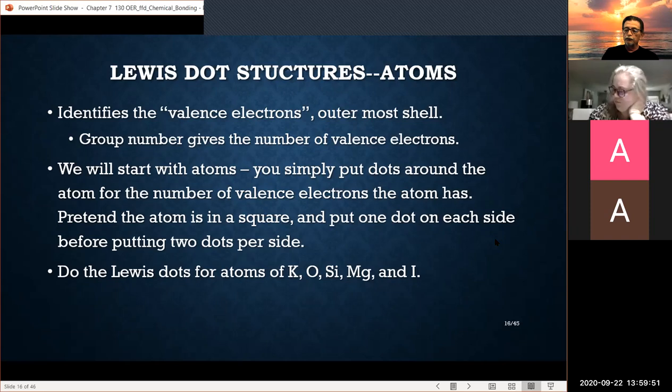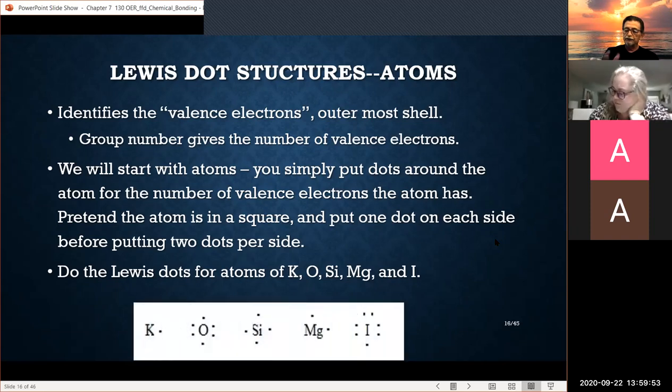Therefore, to draw the Lewis dot structures, that's all we have to do. Each dot represents a valence electron. So potassium is in group 1, 1 dot. That is the Lewis dot structure for potassium. That is the Lewis dot structure for oxygen, because it has 6 valence electrons, okay?